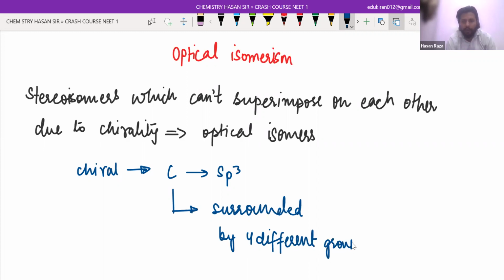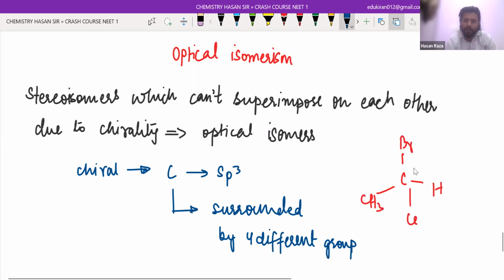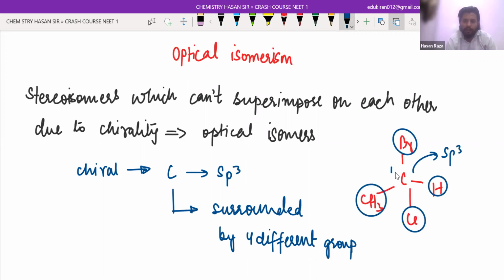Like if I draw a chiral compound, you can see CH, chlorine, CH3 and Br. As you can see, this is sp3 hybridized and surrounded by four different groups. That's why this carbon is chiral. And whenever the compound is chiral, then generally it is an optically active compound. And what is an optically active compound? We will discuss it. Is that clear? Chiral carbon?